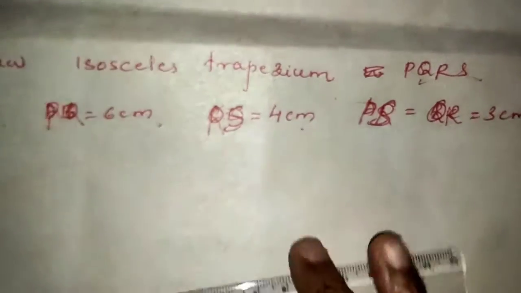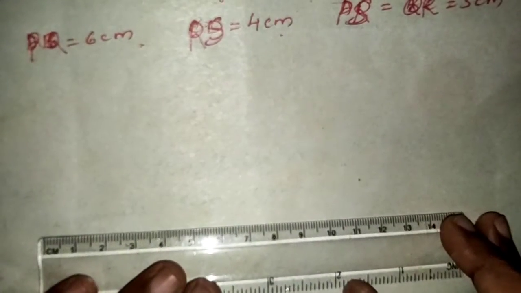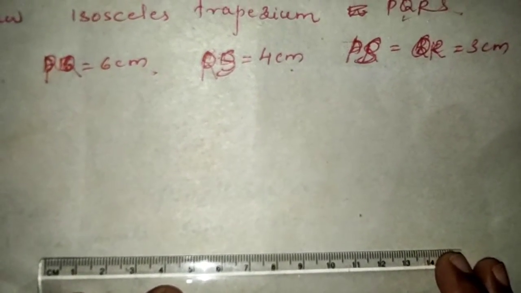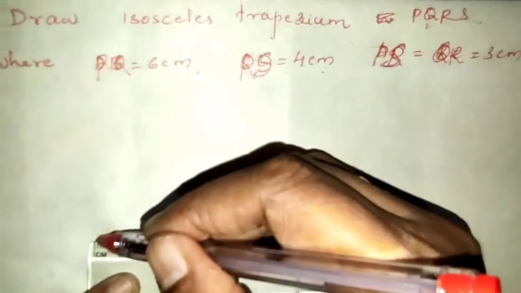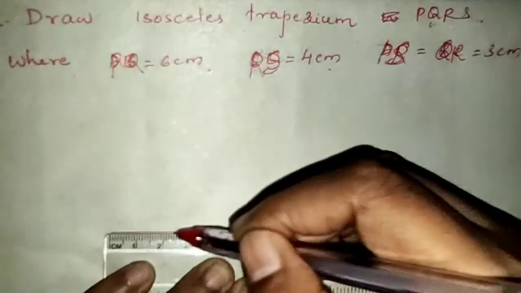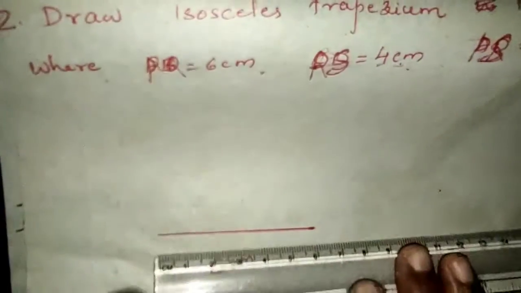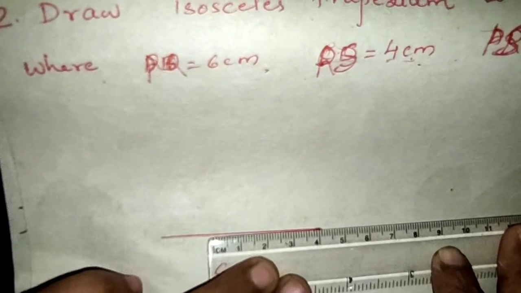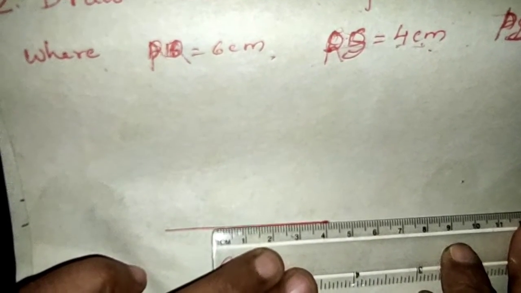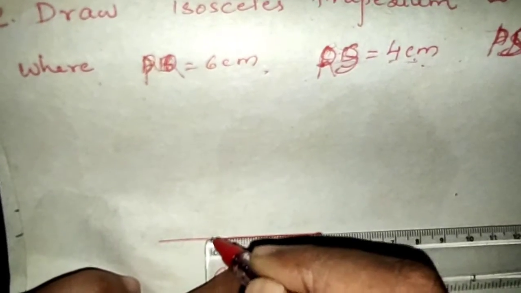So first step, draw a line of length 6 centimeter. Now we know that its opposite side is 4 centimeter. So measure 4 centimeter from right to left.